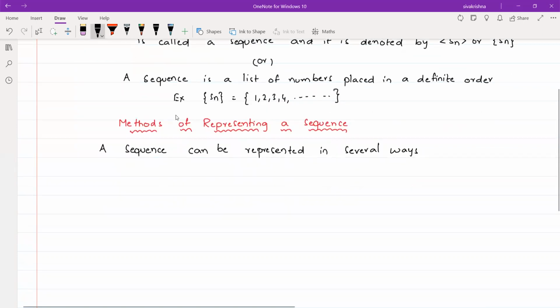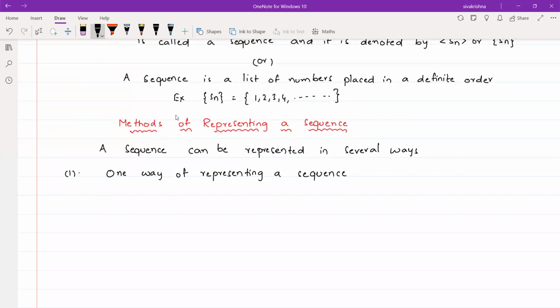Okay, so coming to the first one. So one way of representing a sequence is by writing the first few elements of a sequence. Okay, this is one way of representing a sequence.